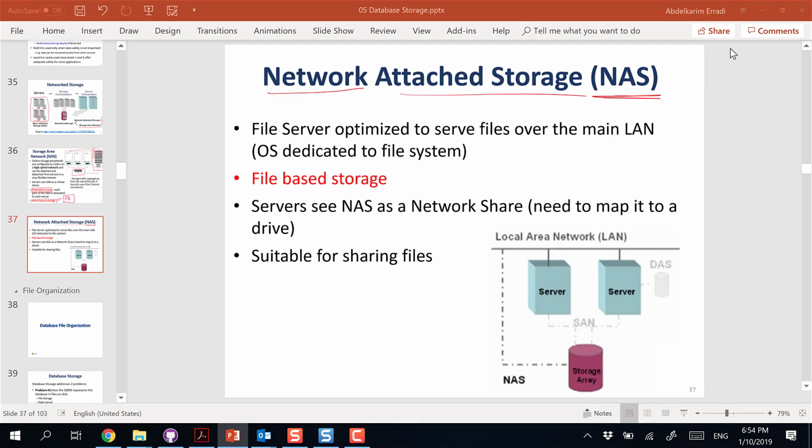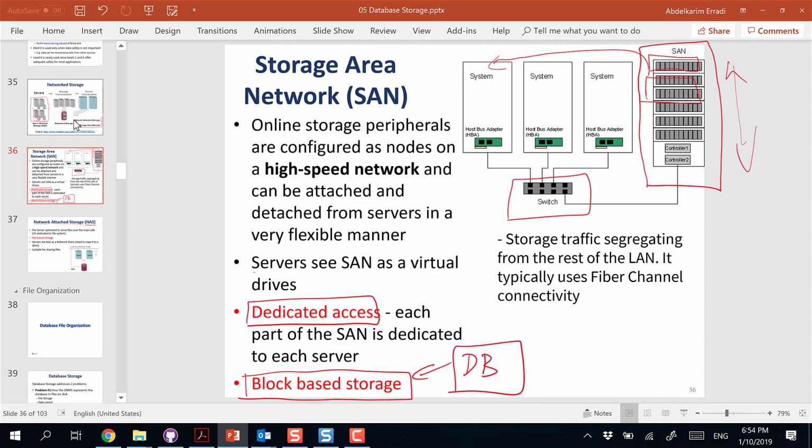Of course, internally, SAN and NAS might use RAID and some other techniques, but that's a different story. In practice, those are off-the-shelf solutions. You just buy them from IBM or Dell EMC, major storage vendors. You take it, put it, configure it and connect it with your infrastructure, typically.